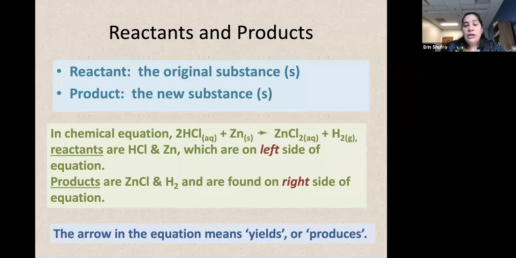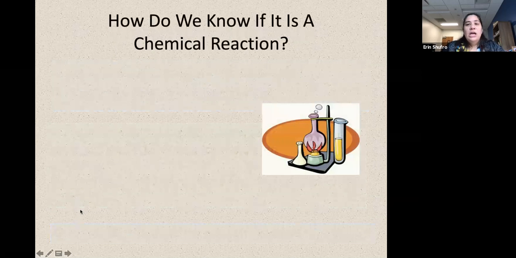So AQ indicates that you're dealing with a solution, which is something mixed with something else, and specifically that the solvent, the thing it's mixed with, is water. So we have hydrochloric acid dissolved in water. Again, you can read this like a sentence. 2 hydrochloric acid dissolved in water plus solid zinc metal yields or produces zinc 2 chloride dissolved in water and hydrogen gas.